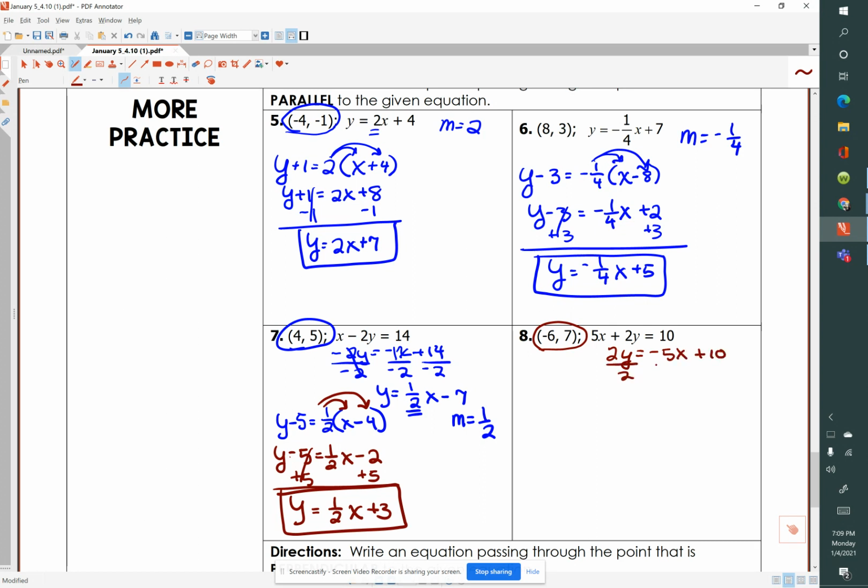We'll divide everything by 2, which gives us y equals -5/2 x plus 5. Okay, our slope is -5/2.